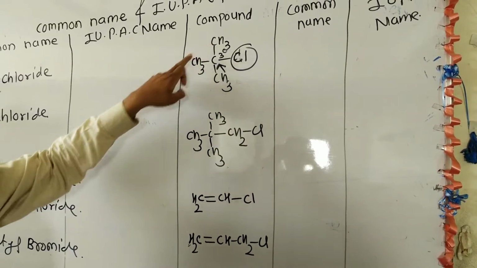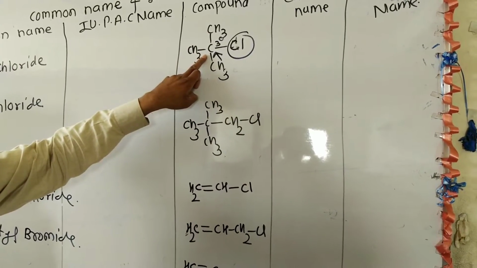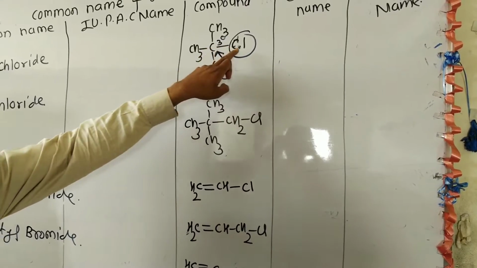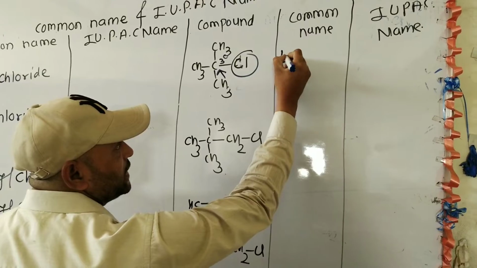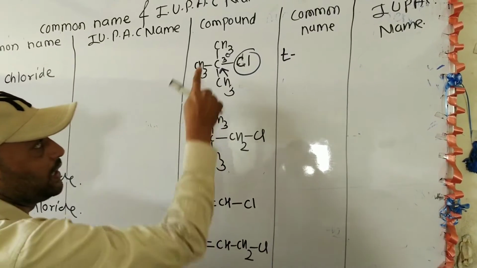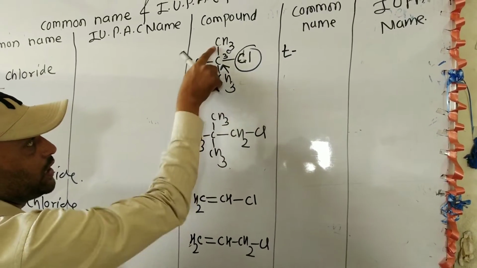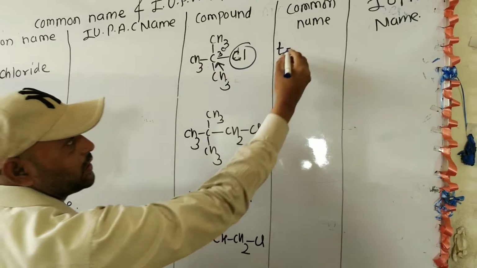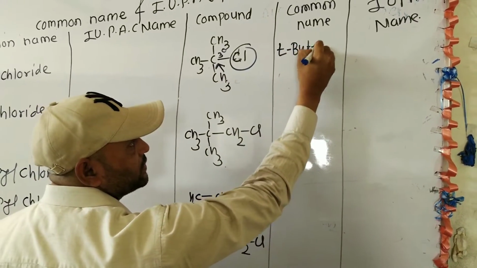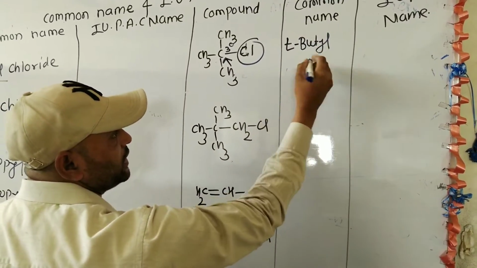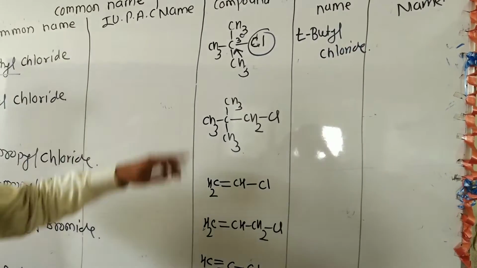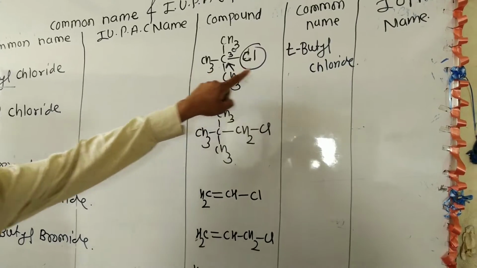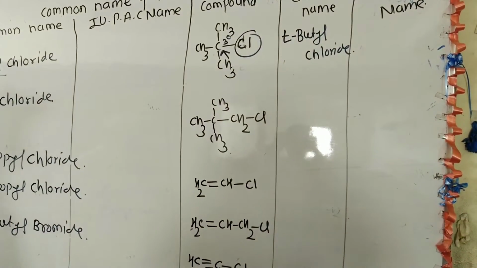Here three same carbons are attached and the tertiary carbon bears the halogen. That's why this is tertiary, indicated by t, and 4 carbon alkyl, 1, 2, 3, 4, called butyl. Tertiary butyl chloride. So the common name of this compound is tertiary butyl chloride.